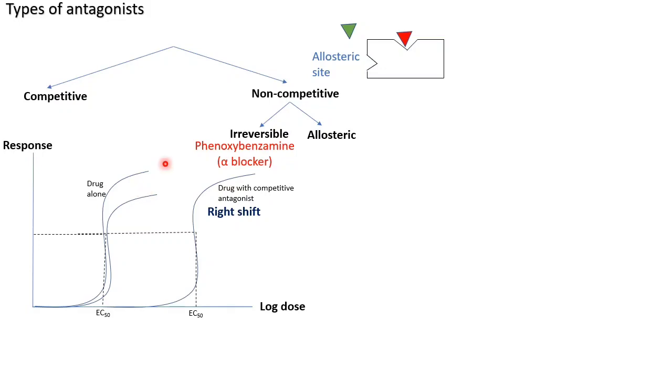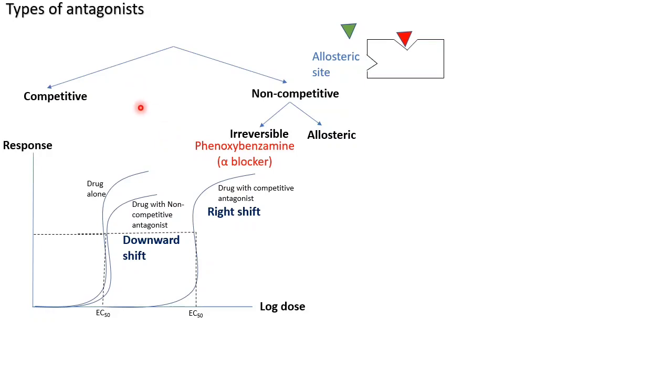So our agonist worked on other receptors, giving a response that is lower than the normal response because some receptors are blocked. And this shift is called a downward shift. So the competitive antagonist causes a right shift while the non-competitive antagonist causes a downward shift.